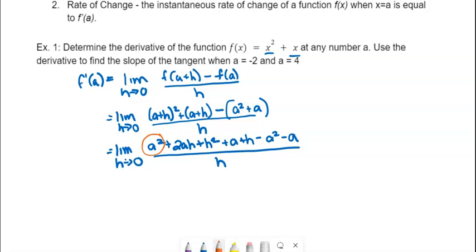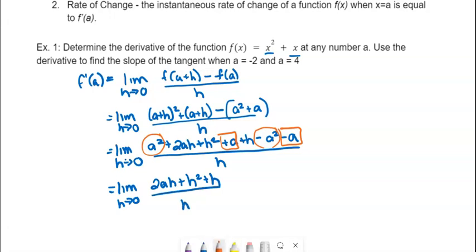I've got an a squared and a minus a squared, and I have an a and a minus a. After I combine those, I'm going to reduce the total number of terms, so it looks a little bit cleaner. I really only have 2ah plus h squared plus h, all over h.